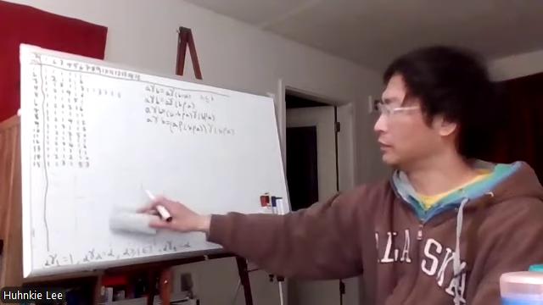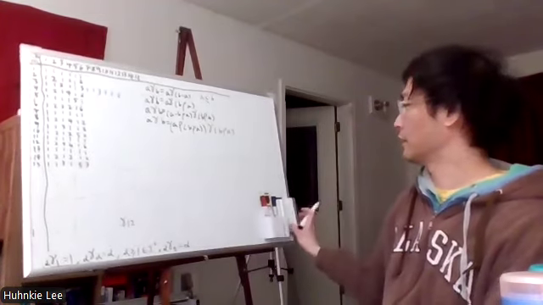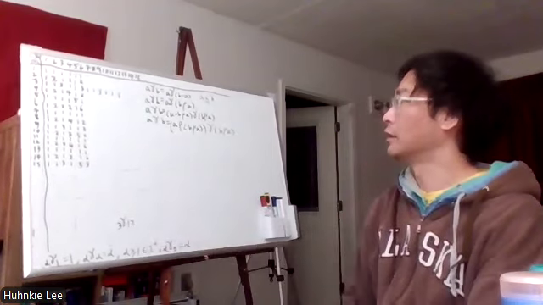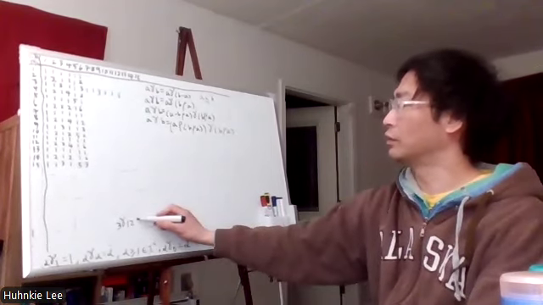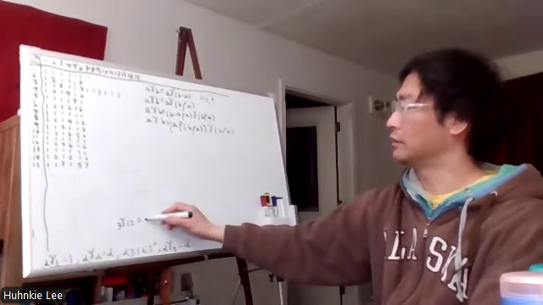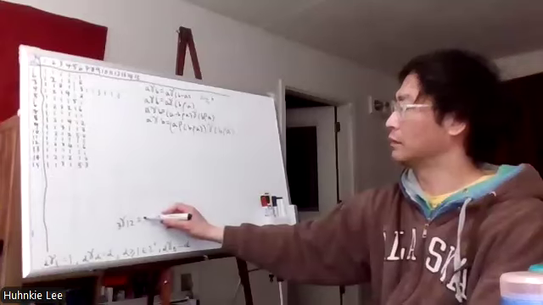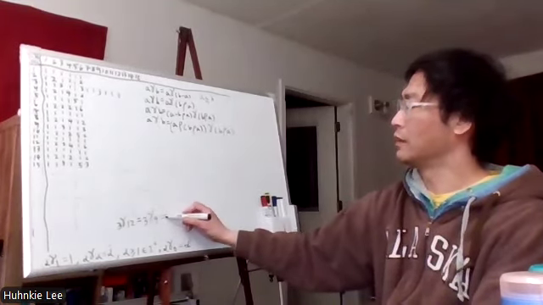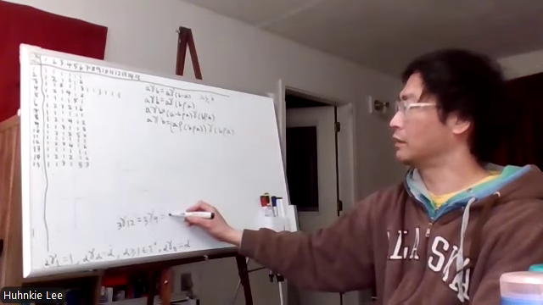Well, actually 3 is equal to 12 minus 3, 9. Just keep subtracting, okay?